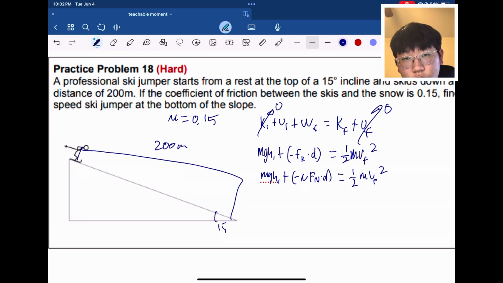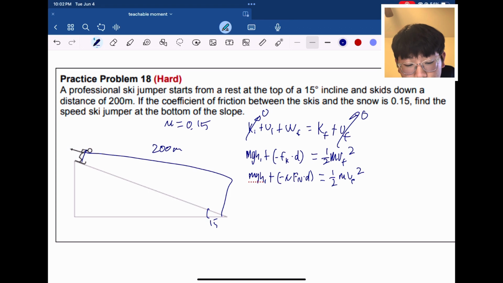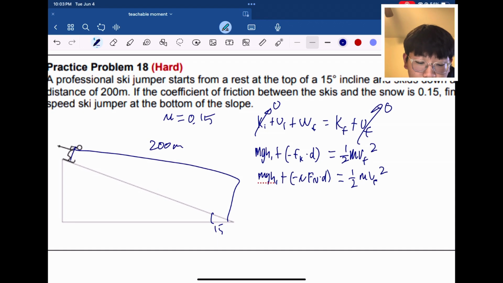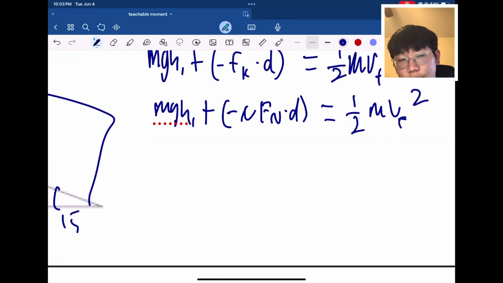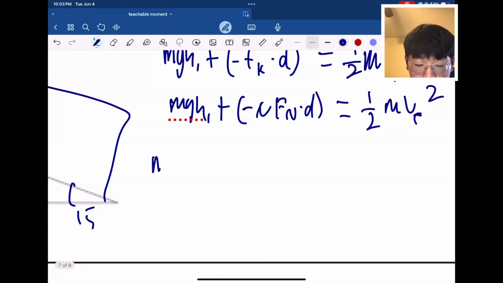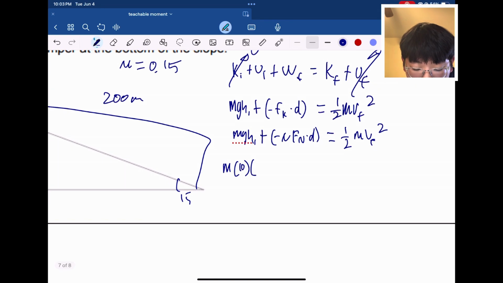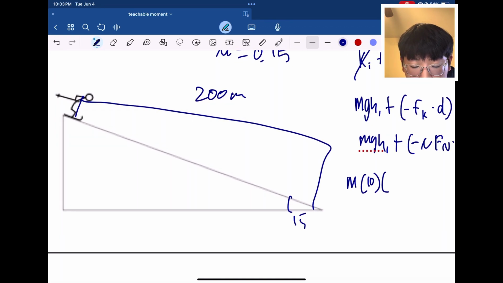For this question, because the ski jumper is on an inclined ramp, the Fn is not going to be mg, rather it is going to involve cosine. Let's start plugging in values we know. We don't know m, so I'm just going to write m times 10 times the height.